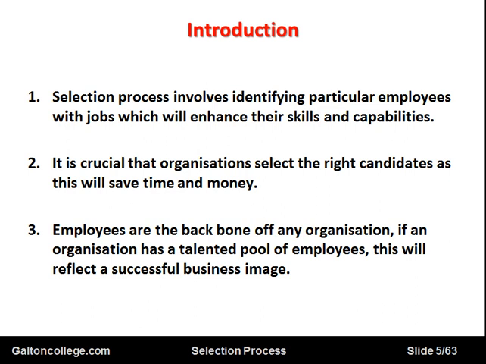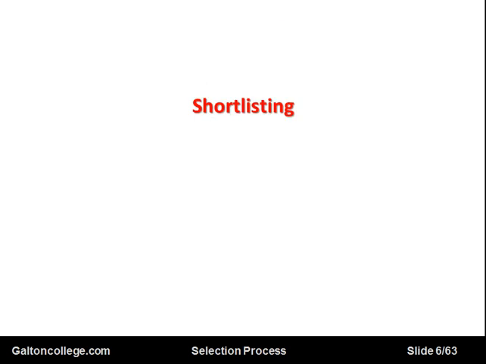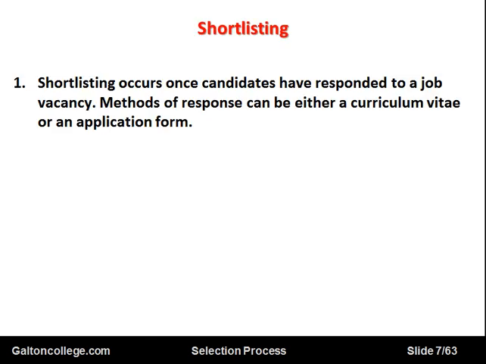Now, some of the processes that are undertaken to recruit the employees are very practical, and I want to run through some of these. We'll start with shortlisting. Shortlisting occurs once candidates have responded to a job vacancy. Methods of response can be either a curriculum vitae, a CV, or an application form.